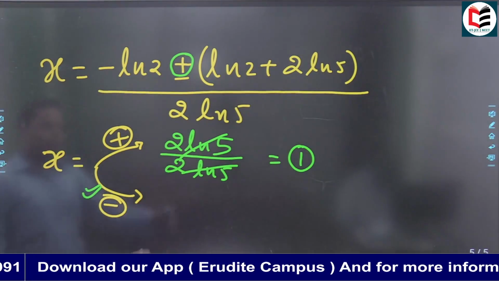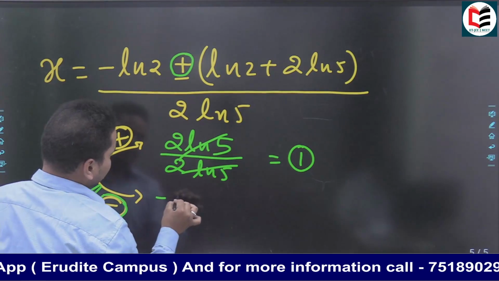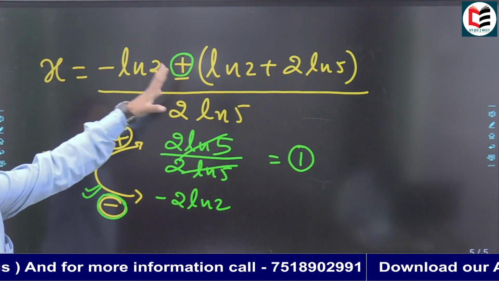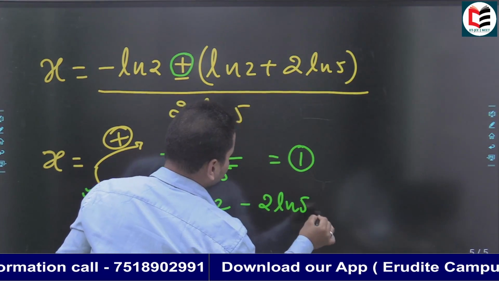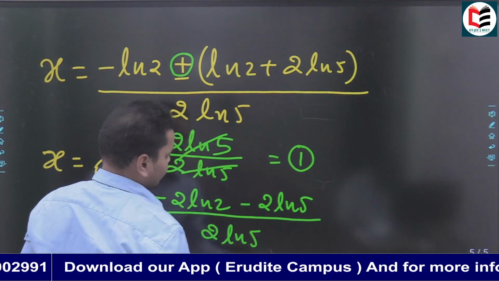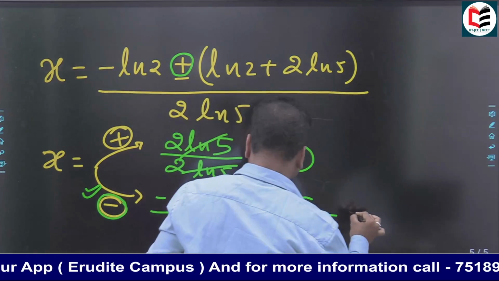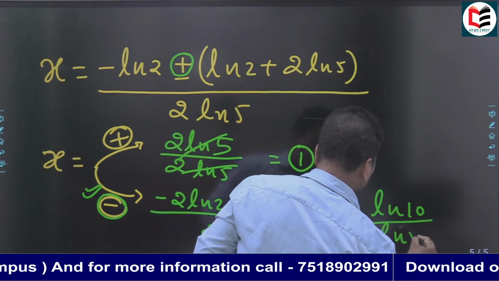Now, after taking the negative sign, we get −(2 ln 2 + 2 ln 5) in the numerator with the denominator 2 ln 5. After simplifying, we get −ln 10 upon ln 5.